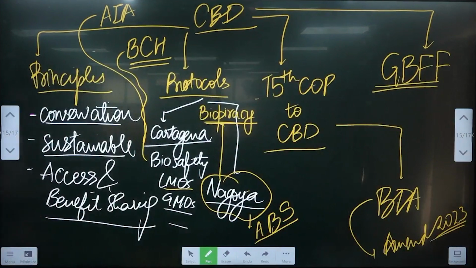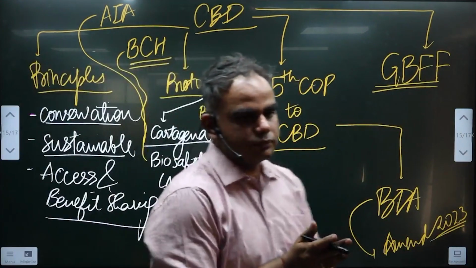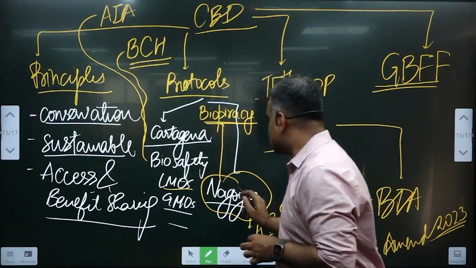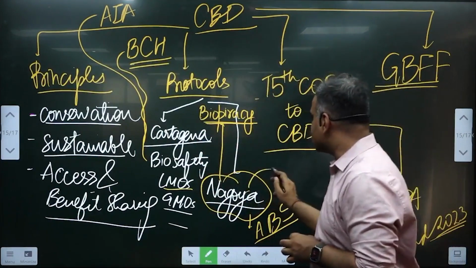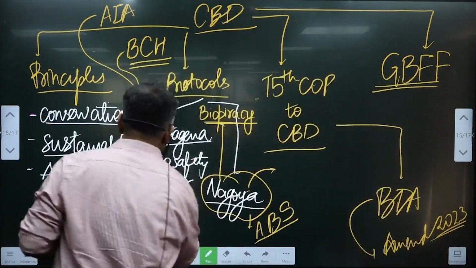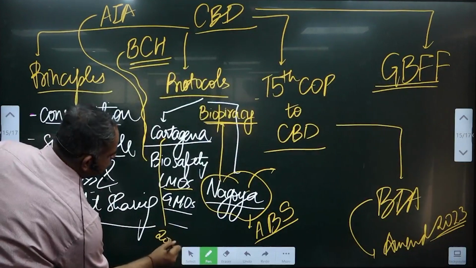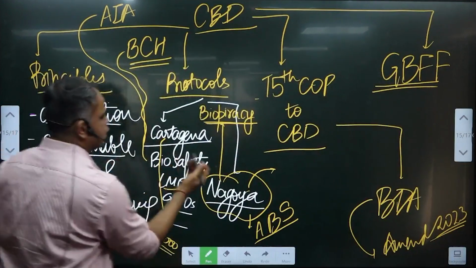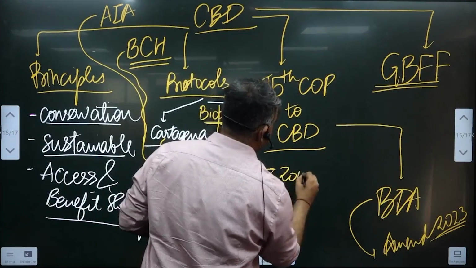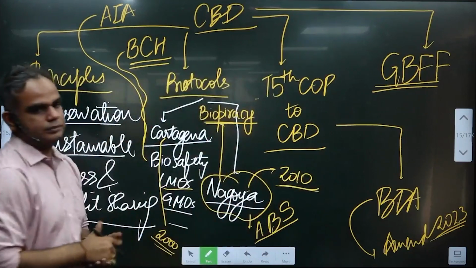What is the year of Cartagena? This is 2000 and this is 2010. Nagoya is in Japan. For Cartagena, remember the year 2000. We will again revise it when we do conventions and protocols. Here the year is 2010.